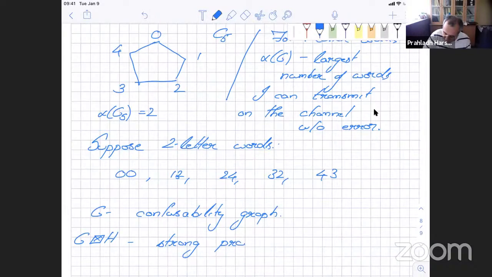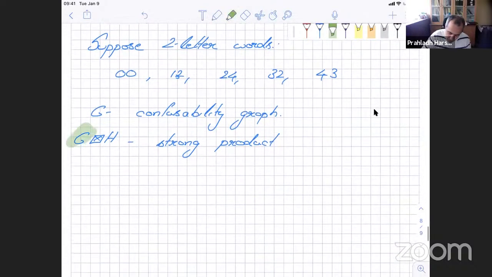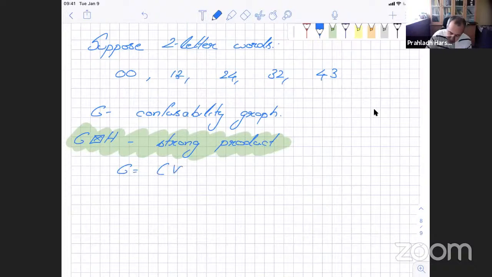I'm going to define this object. So G itself has some vertex set E, H is some other vertex set W and F. And the vertex set of the strong product is just the Cartesian product.